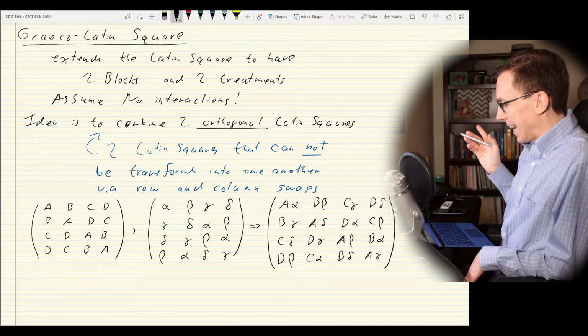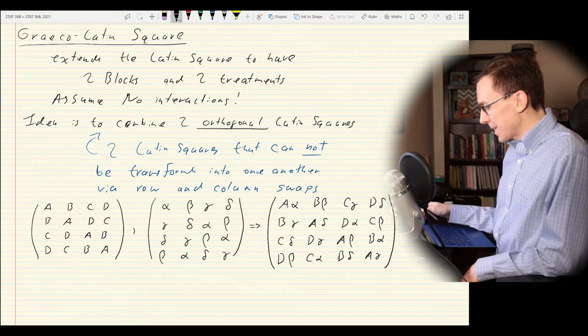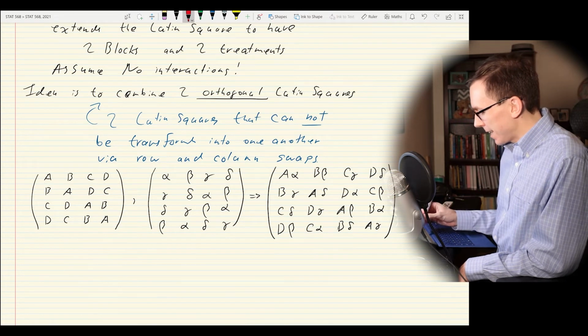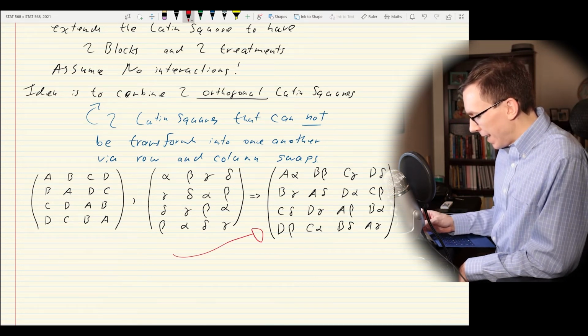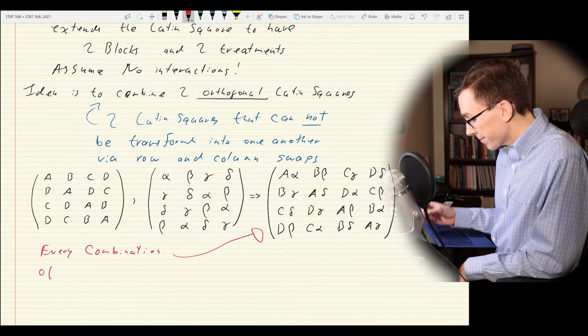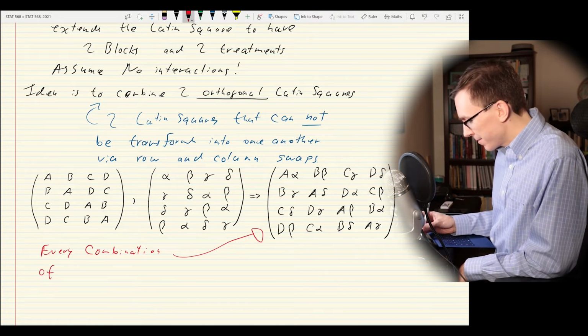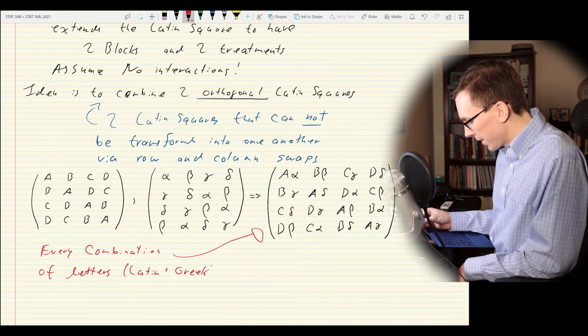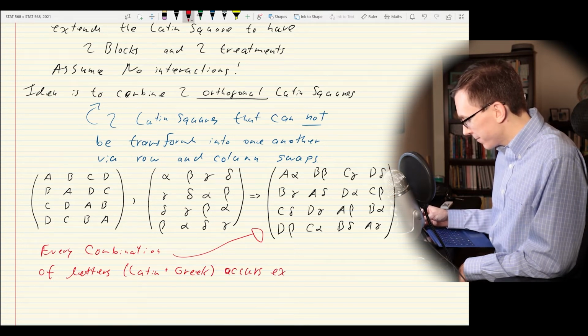All right, so that looks kind of nasty, but the interesting thing about this square is that every combination of letters, Latin plus Greek, occurs exactly one time.